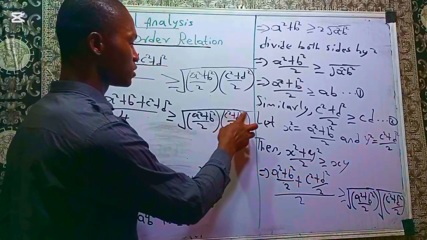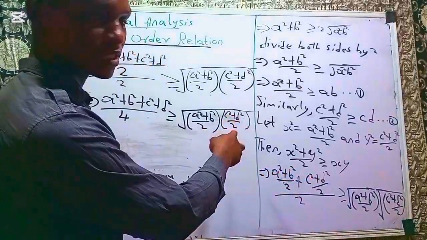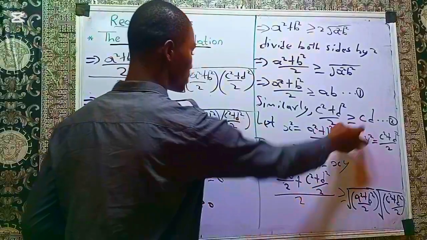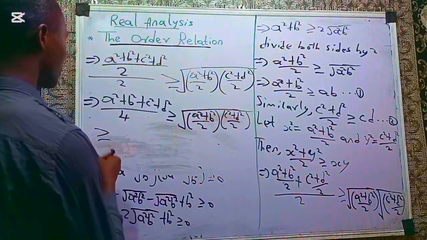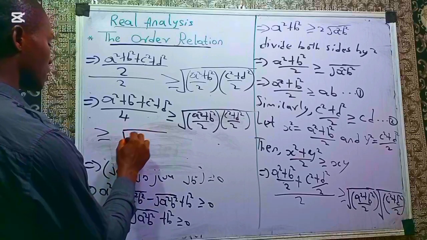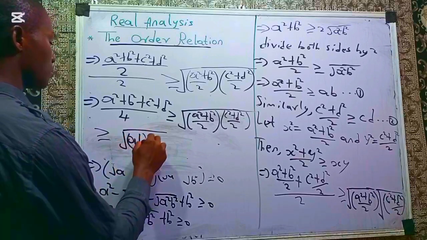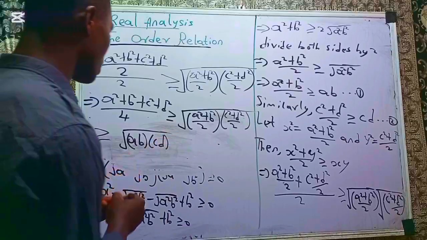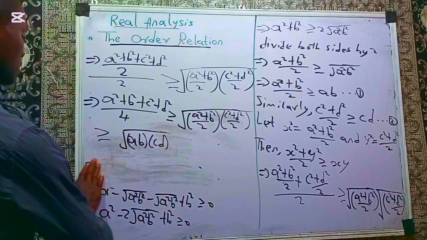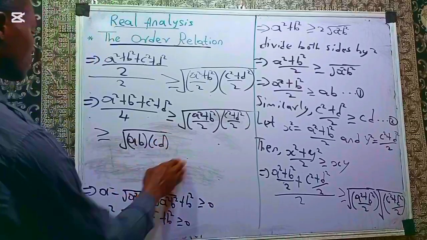Then c squared plus d squared divided by 2, this quantity inside a square root, is greater than or equal to what, cd. So I can put that this thing I have here will be greater than or equal to square root of ab multiplied by what, cd. So this is square root of abcd.